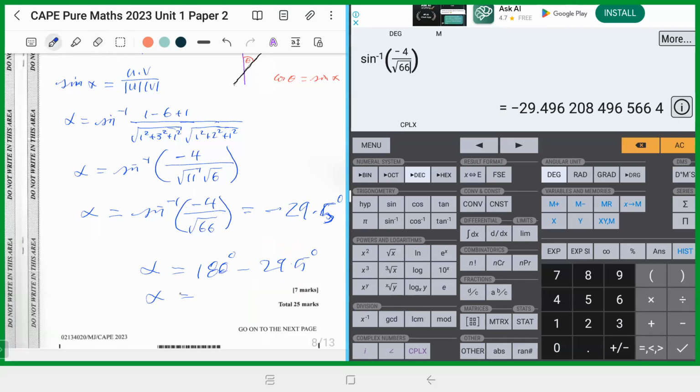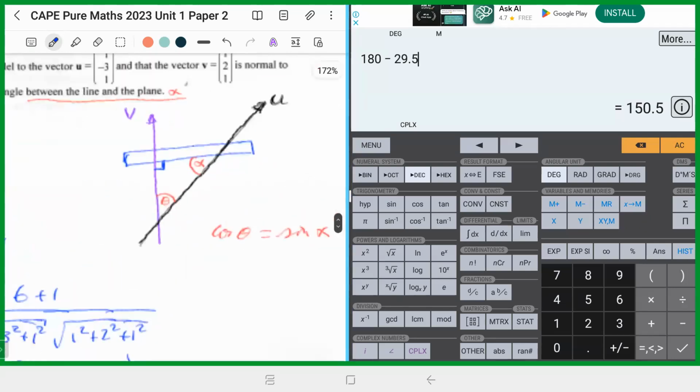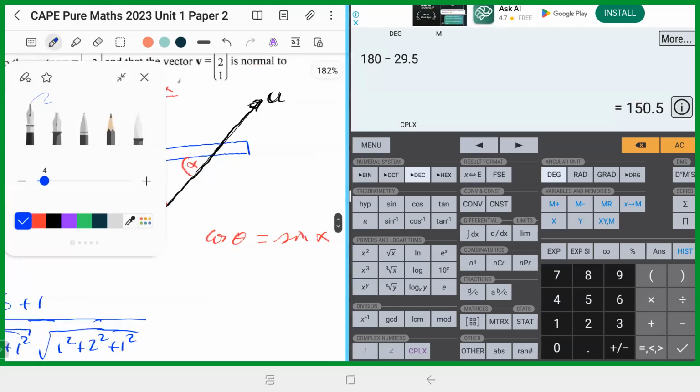Subtract this from 180: 180 minus 29.5, we get 150.5 degrees. So it could be that the calculation is giving us this angle here.